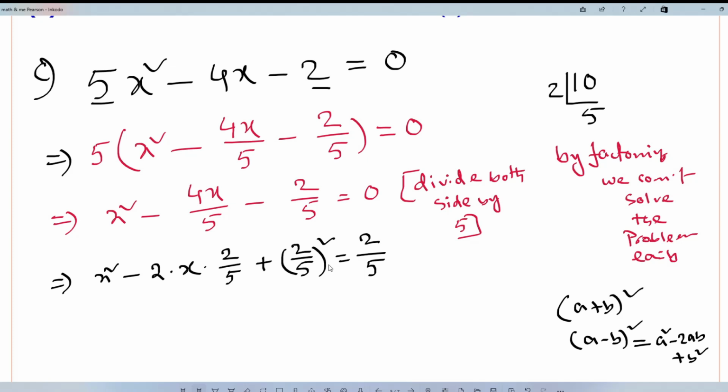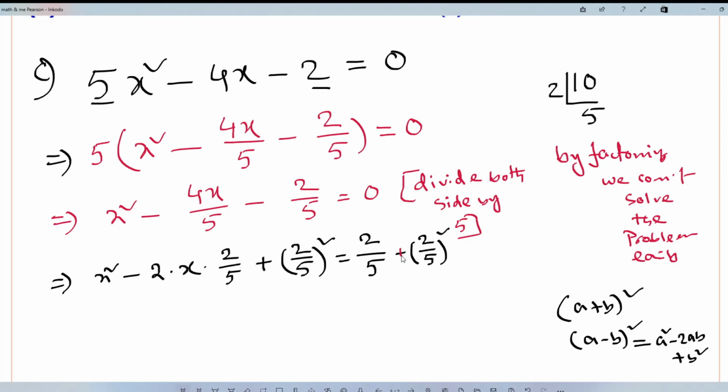It's an extra number, so we subtract 2 by 5 whole square.